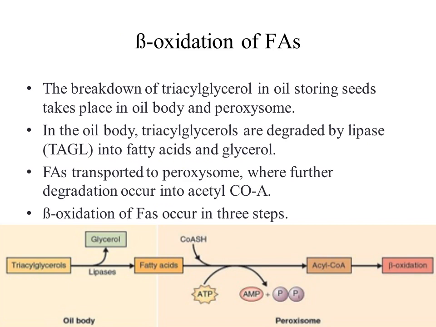Among these, beta oxidation is most important, so I will discuss only beta oxidation in this lecture. Beta oxidation is the process by which fatty acids in the form of acyl CoA molecules are broken down in mitochondria or in peroxisomes to generate acetyl CoA that can enter the Krebs cycle.